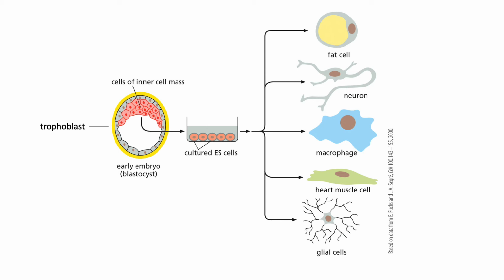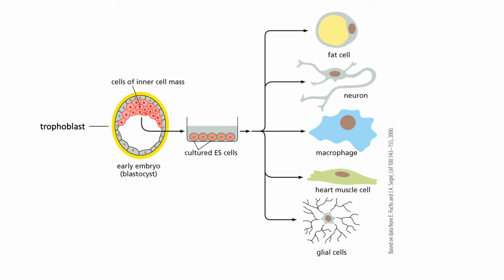And in fact, I'll say even one more thing. There's been experiments done with cattle where if you take cells of the inner cell mass from a cow, these can, if they're handled properly, develop into an entire cow.